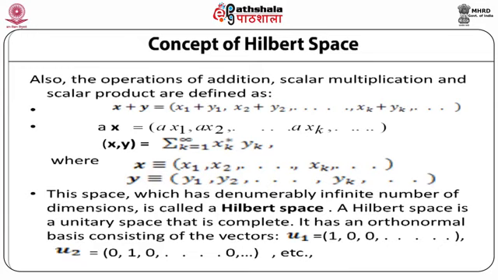If we have two infinite sequences x and y, then the scalar or inner product of x and y is defined as the summation k going from 1 to infinity of xk star yk, where xk star is the complex conjugate of xk, and where x is the infinite sequence defined by x1, x2, and so on till xk, and so on till infinity, and y is defined as y1, y2, and so on, yk and so on till infinity.